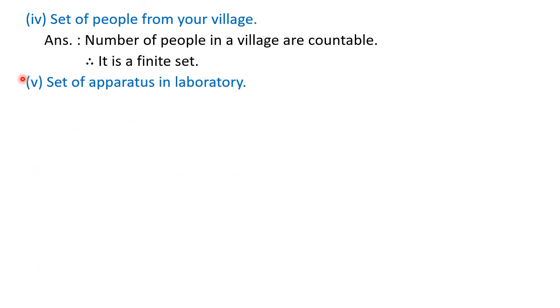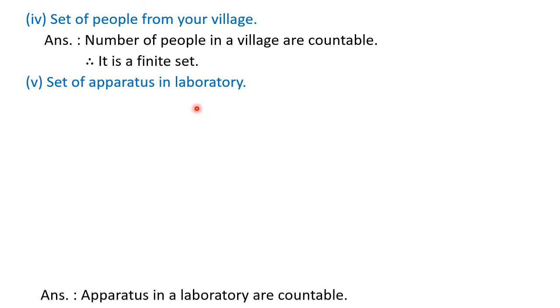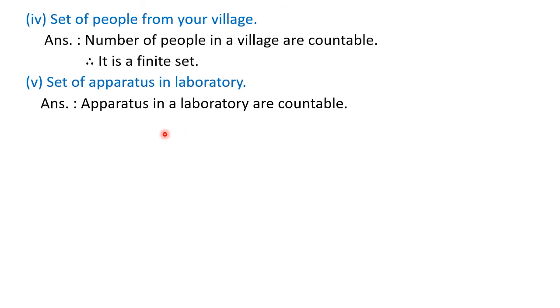Next, set of apparatus in the laboratory. When you go in the laboratory, you can observe that we have so many apparatus, but still the record of all the apparatus is kept there. That means we know how many apparatus there are, even though they may be 1,000 or 1,500, but still we know that they are countable, and therefore we can say that it is a finite set.